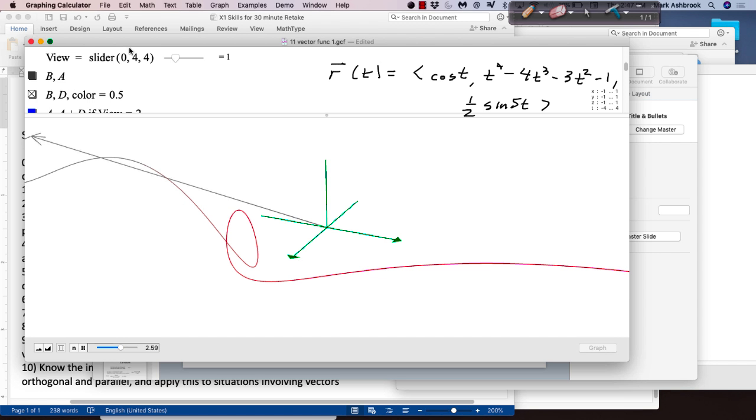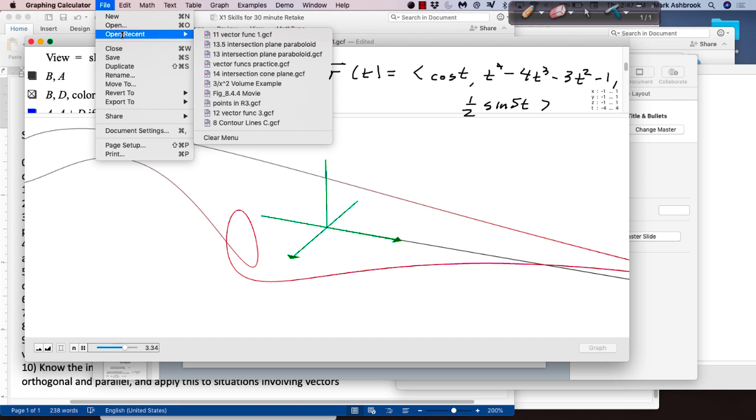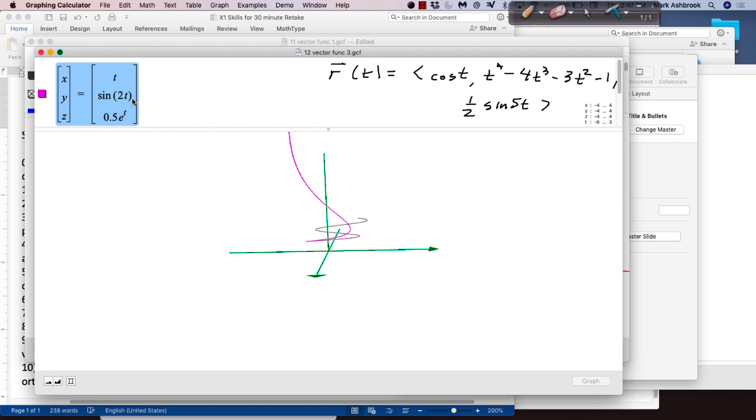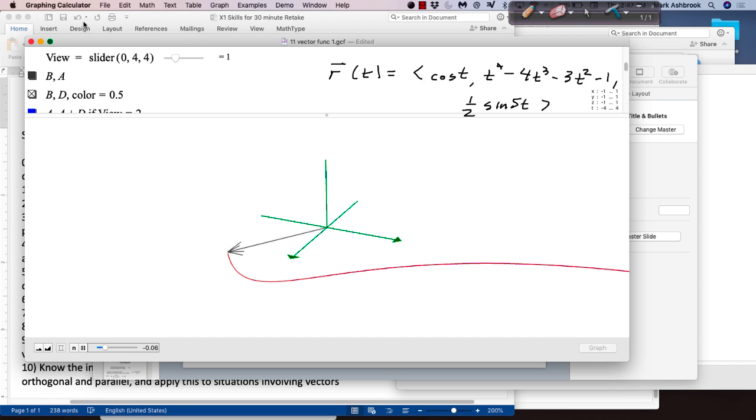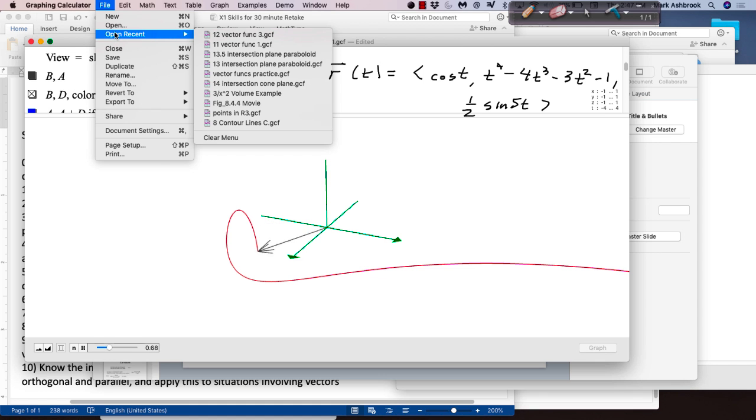So, another one. I want vector function 2.